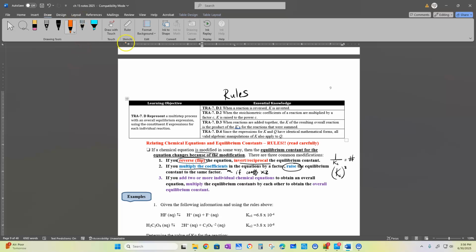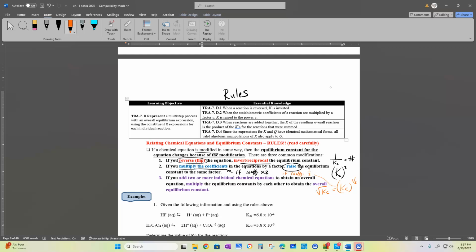But beware, what if the coefficients were divided by 2? Maybe you had some fractions. In that case, you raise Kc to the 1/2 power. For those of you in math, what is Kc to the 1/2 power? We call that the square root. Whatever you do to the coefficients, you raise K to that power.